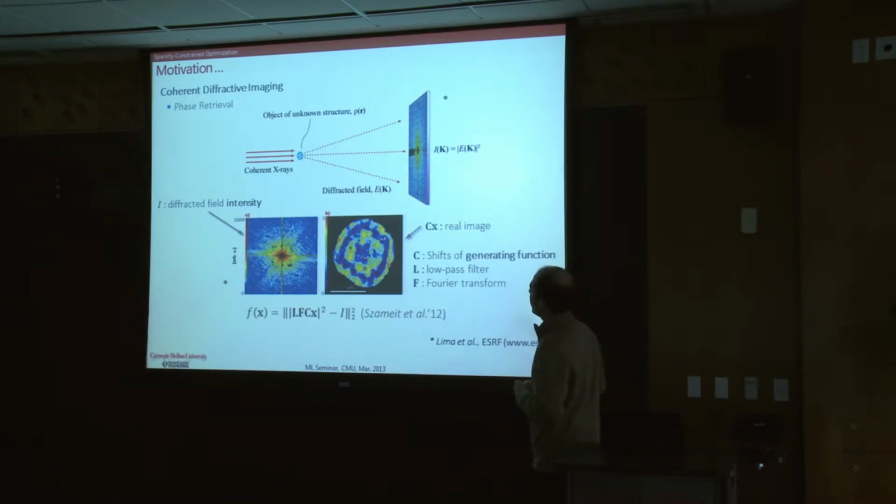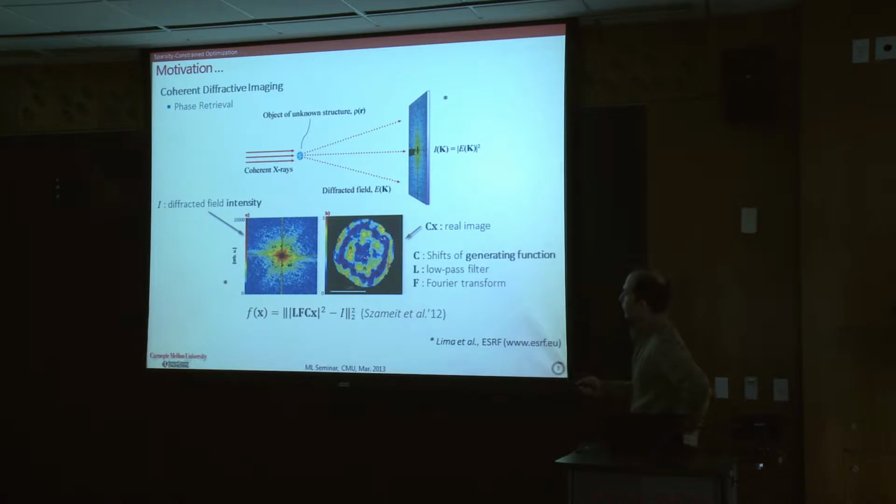There's some formulation where we use this form of loss function, where the matrix L models a low-pass filter, F is a Fourier transform matrix, and C is the shift of the so-called generating functions, which is similar to point spread functions in optics, which we are familiar with.